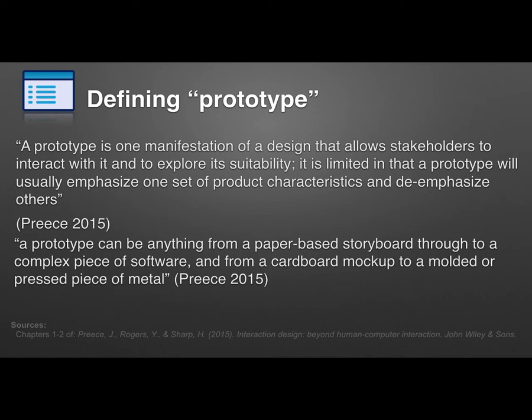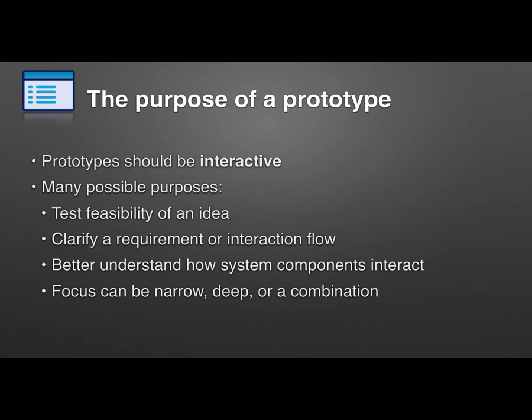And the main takeaway, from looking at several definitions of a prototype and from knowing prototypes that are built, is that prototypes have to be interactive in some way, at least for our needs. I can't think of a possible time where we would build a prototype where the purpose wouldn't be to use it in some way, or to see how a user is going to interact with it.